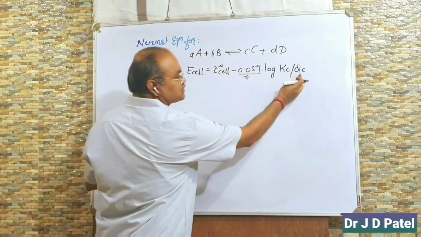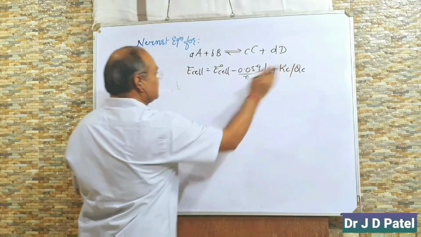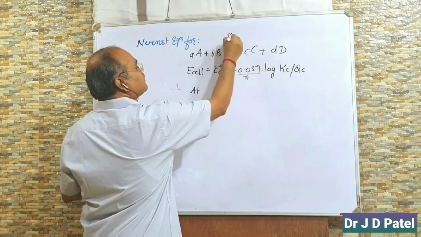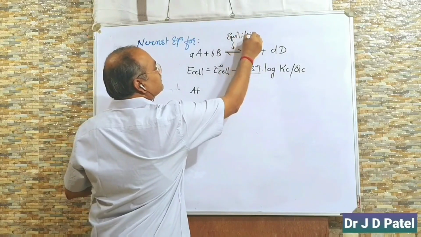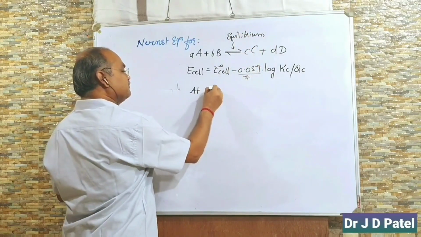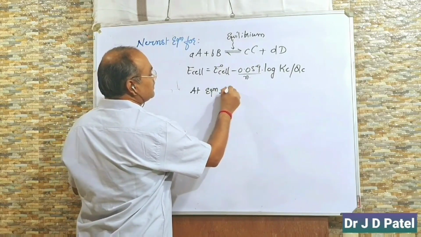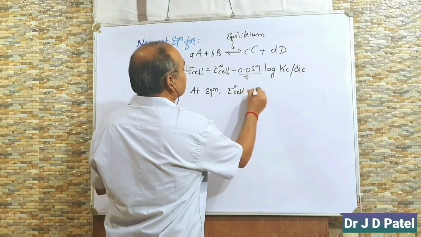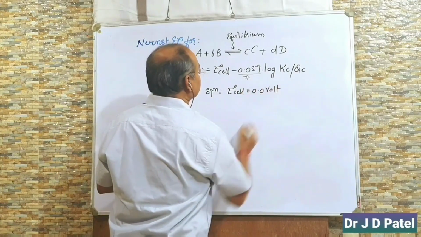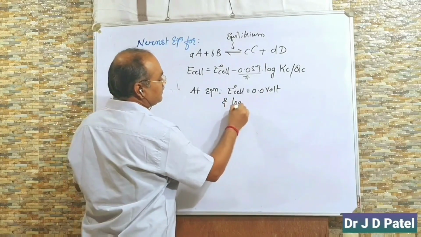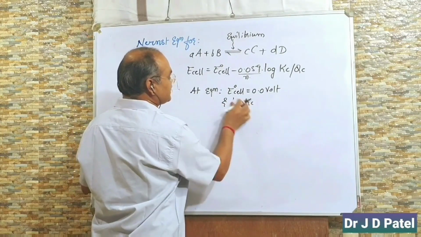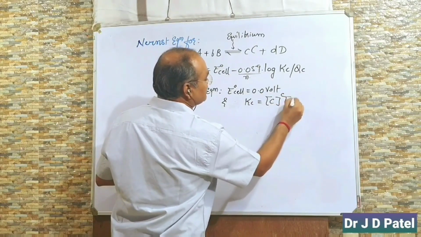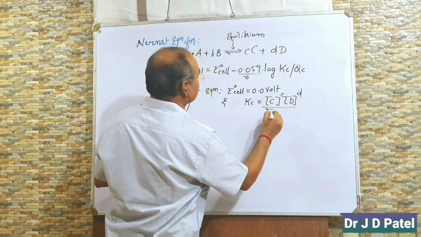Now we know at equilibrium, E cell is 0.0 volt, and Kc is equal to [C]^c [D]^d over [A]^a [B]^b.